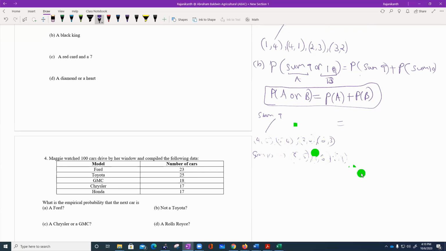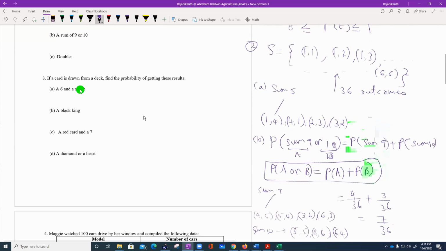So altogether, the answer is going to be the probability of getting a sum of 9, 1, 2, 3, 4 out of 36 sample space, plus a sum of 10, which is 3 out of 36. Now if you simplify this, that is going to be 7 over 36.